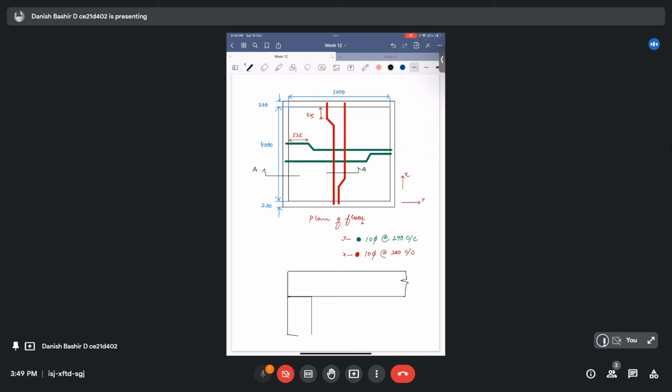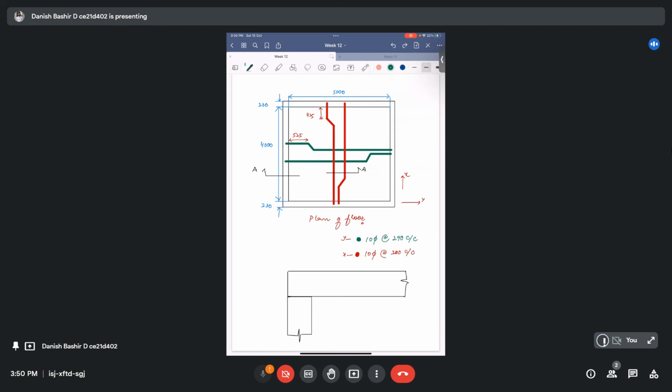This is continuous like this one, okay? Now we have provided the green, okay? Green along this direction, we have provided green like this, a little bit bold.